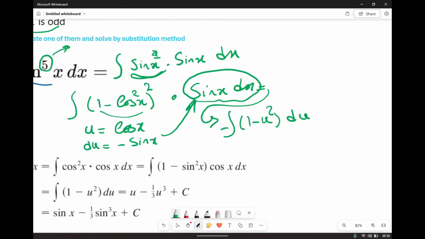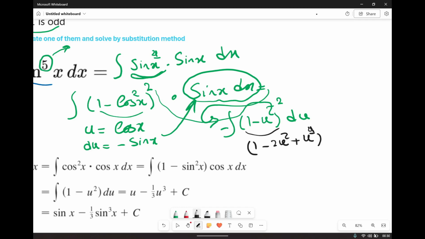Right now, I think this integral is not so hard. How must we calculate it? You must consider that it has power 2, but we must calculate these. First, we must expand this identity: 1 minus 2u power 2 plus u power 4.